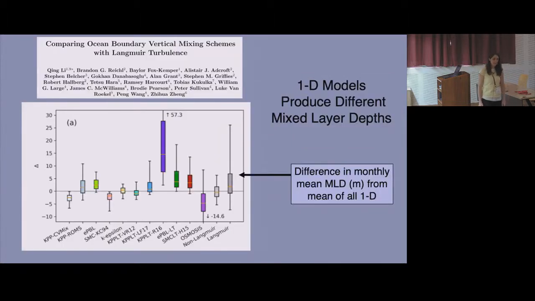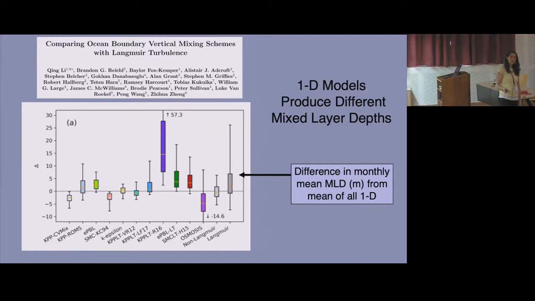And this is a little bit motivated by a comprehensive study that's being led by Qing Li at Los Alamos. And in this image, we're looking at different boundary layer mixing schemes, some just one-dimensional and others that have different Langmuir parameterizations in them.